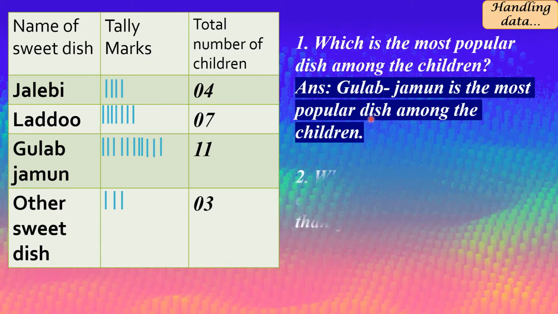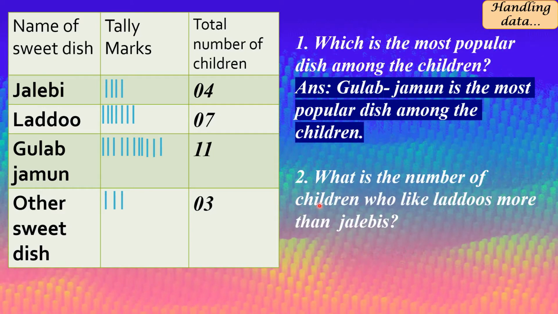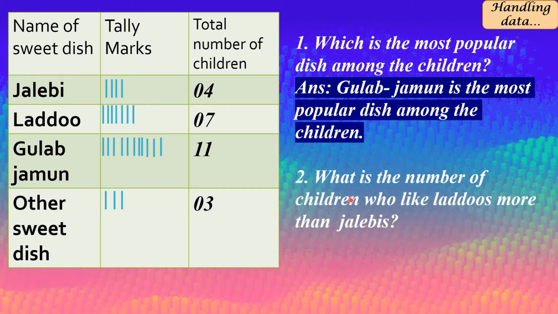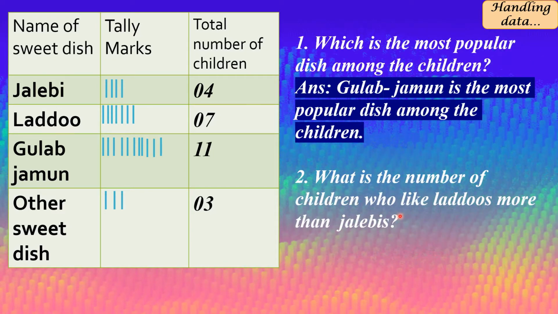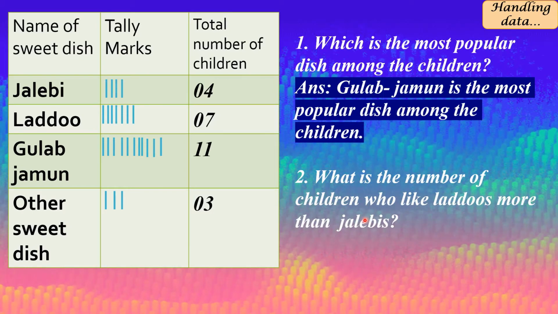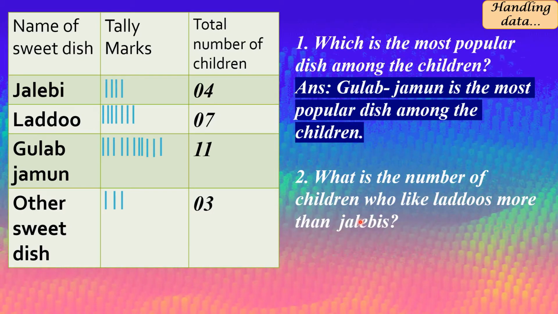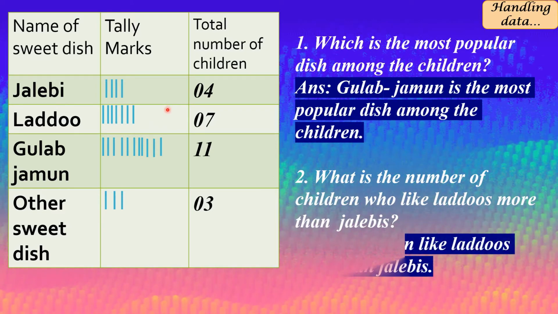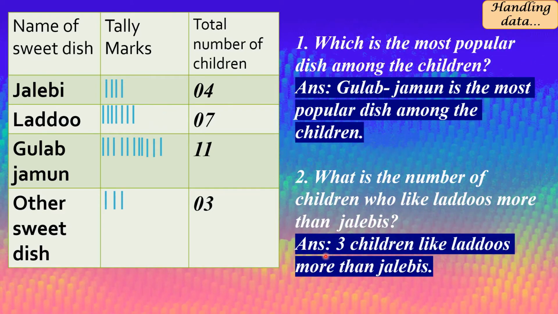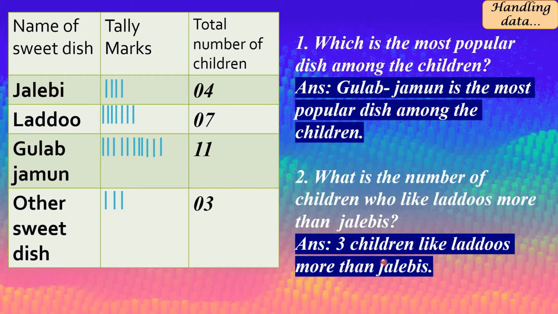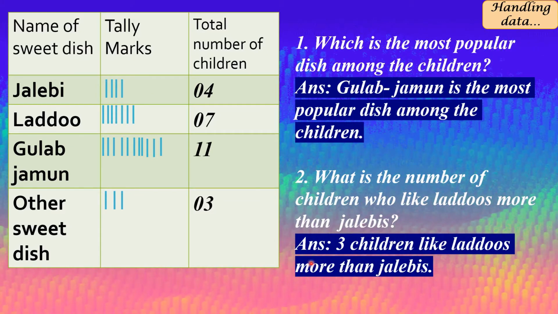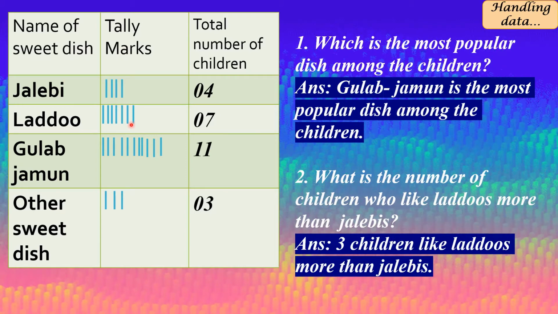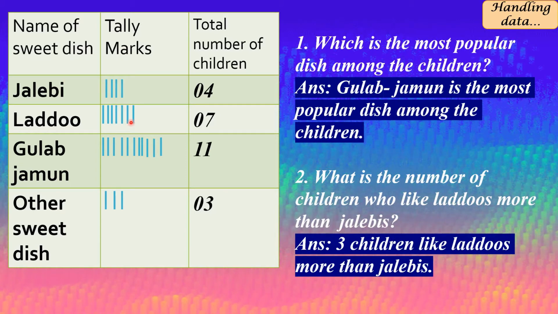Okay. Now the next question here. What is the number of children who like laddus more than jalebis? Who like laddus more than jalebi? Let us see here. Yes. 3 children like laddus more than jalebis. 7 are those who like laddus and 4 like jalebis.